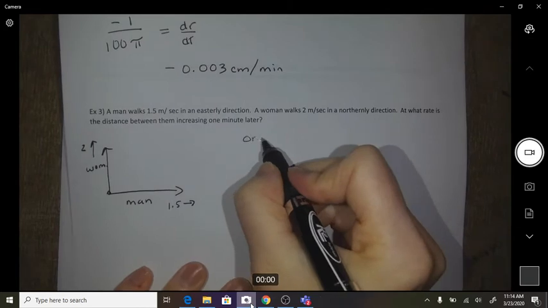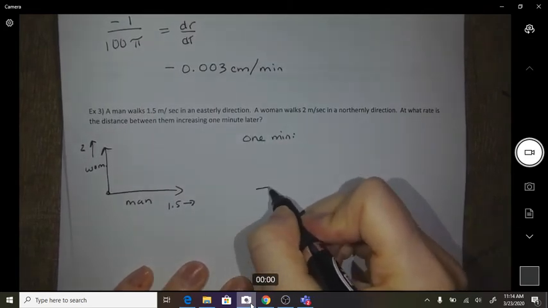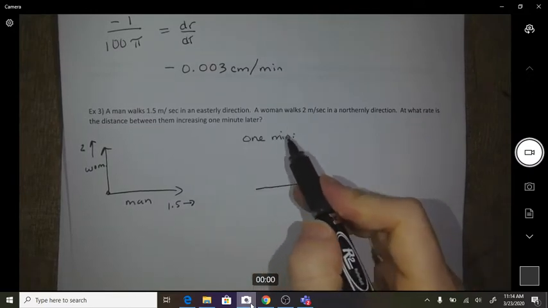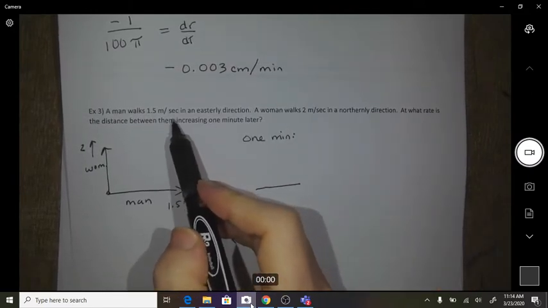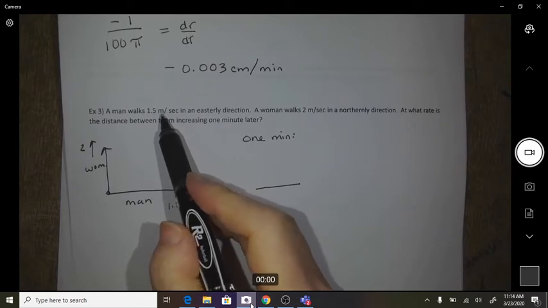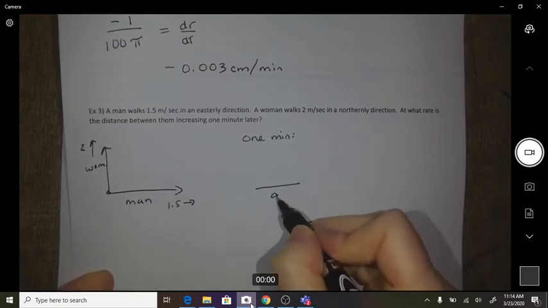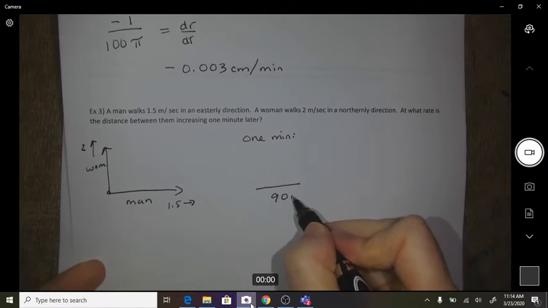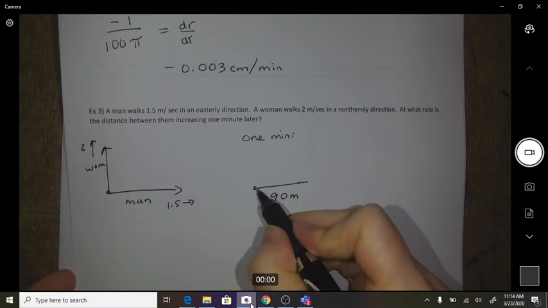So let's talk about 1 minute later, their actual distance. In 1 minute, okay, think about this. This is in seconds right now. So if you go 1.5 meters per second, you have to times that by 60, then the man is located 90 meters away.